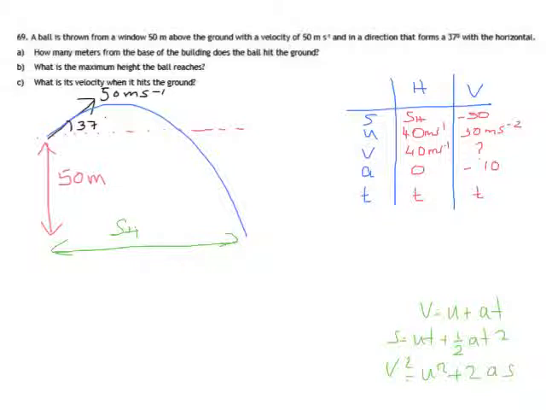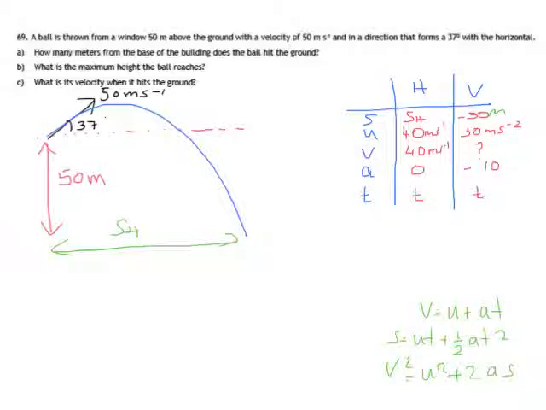The vertical displacement is minus 50. And remember, if our starting point is here, we need to decide this is positive and this is negative. Because it initially moves this way, we will assume that's positive and this one's negative. It gives us minus 50 meters. I forgot to add that in.